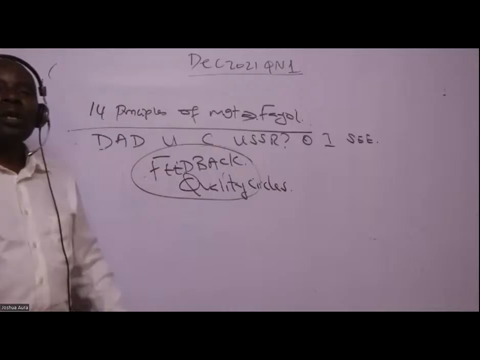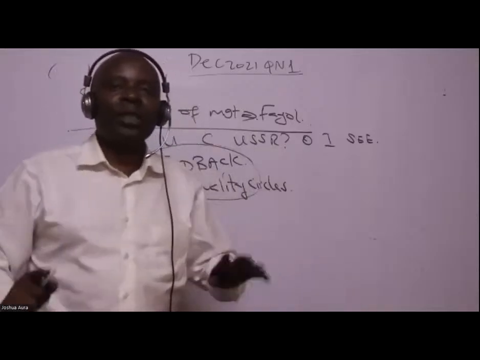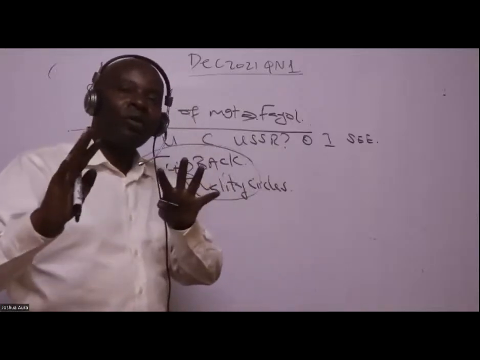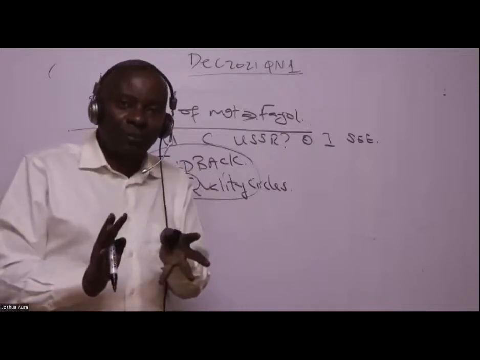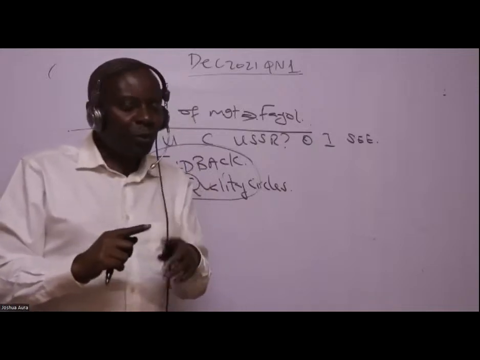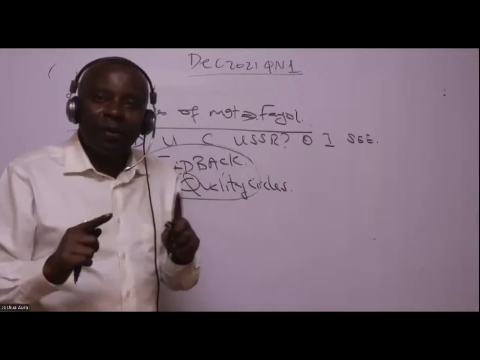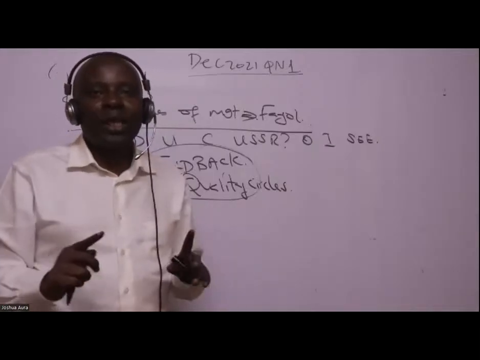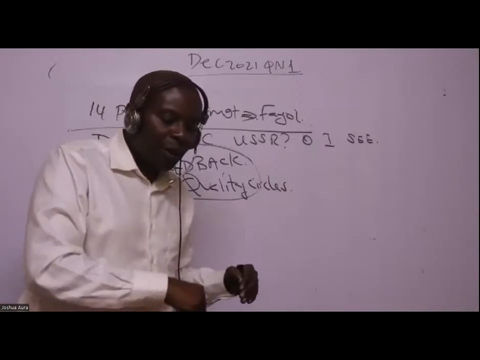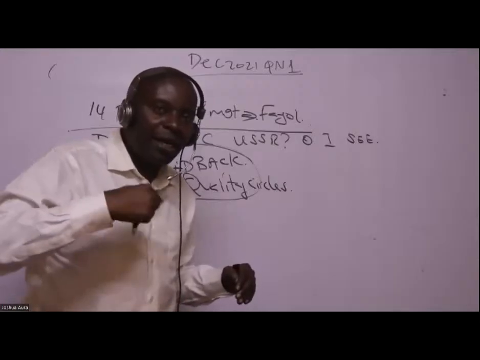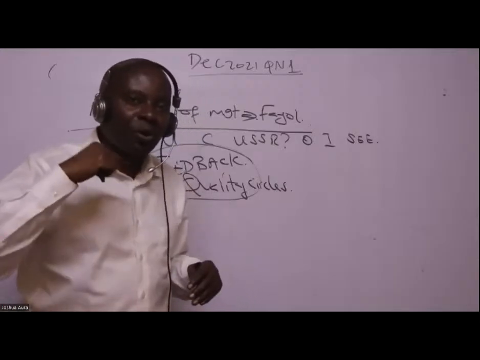With quality circles, you get employees from different departments and put them into a discussion forum where, if not every day, at least once every month, they sit down and say, we did this thing this way in our department, but we believe if we did it like this, we would have been able to produce much faster.